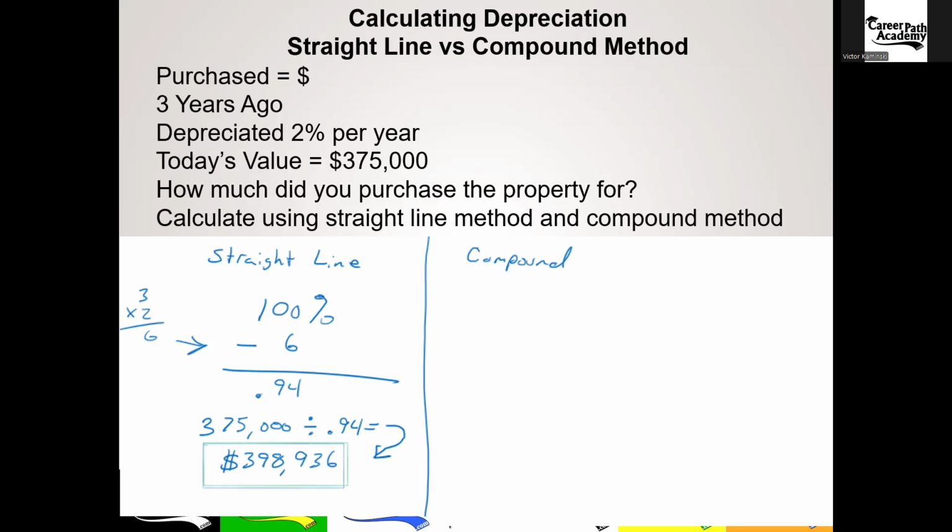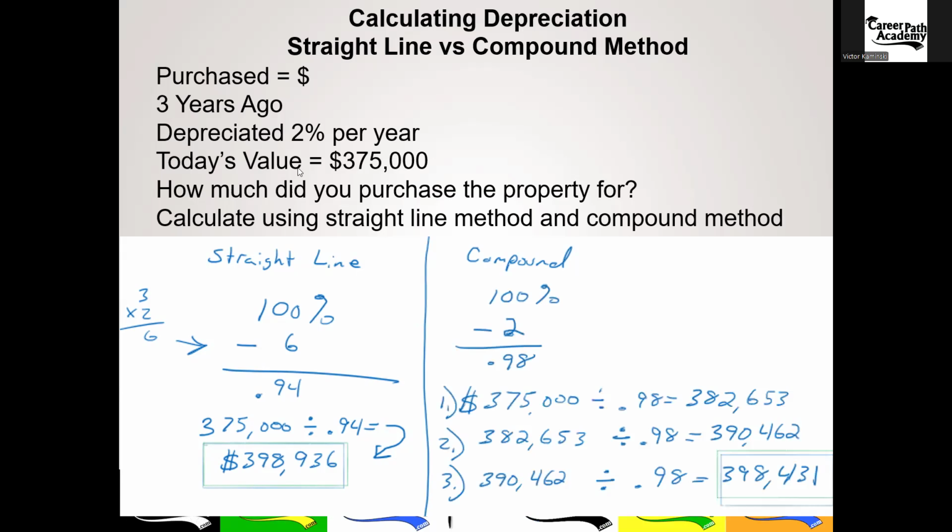That's 98%. You take the 375, which is the value, divide that by 0.98, and the first one is 382,653. Then you take that 382,653, divide it again by 0.98, and again, you get 398. Yep, and then you do it again. Yep, that's correct. So you got it.